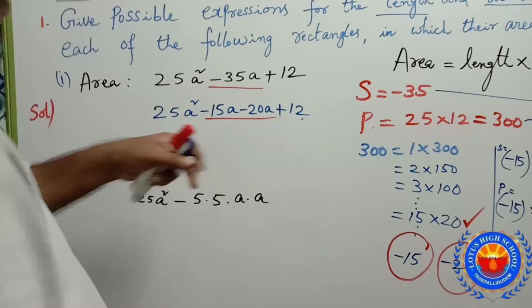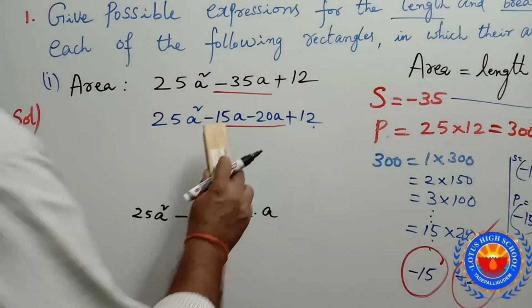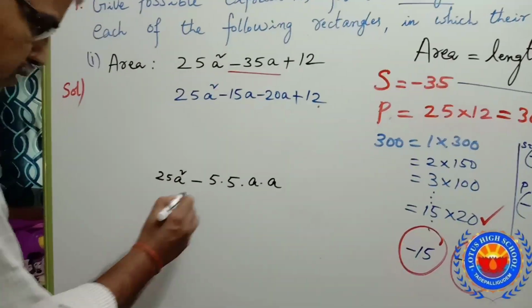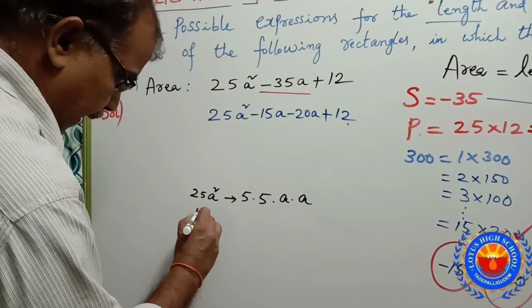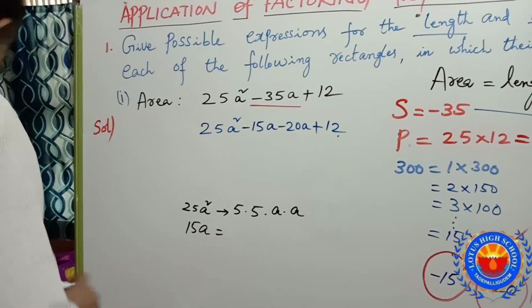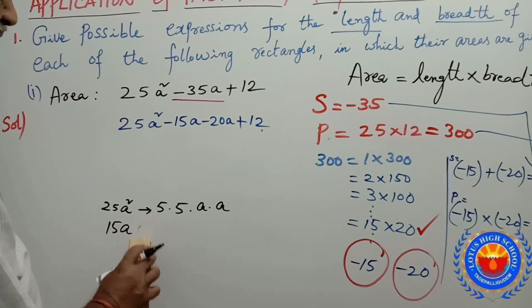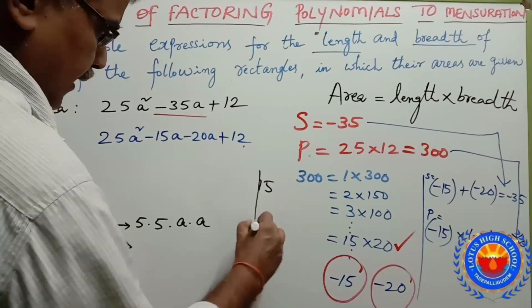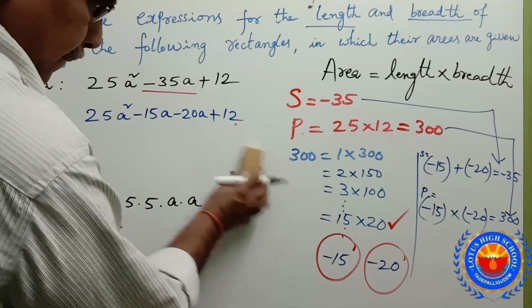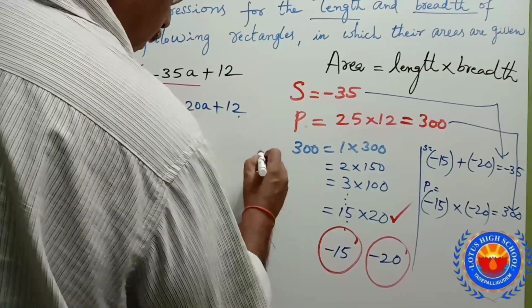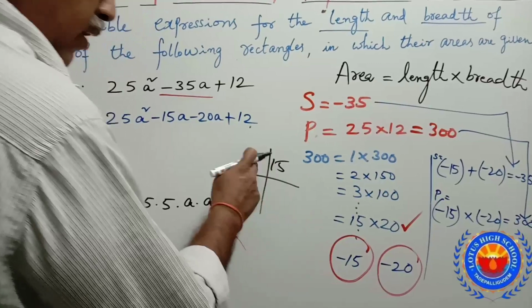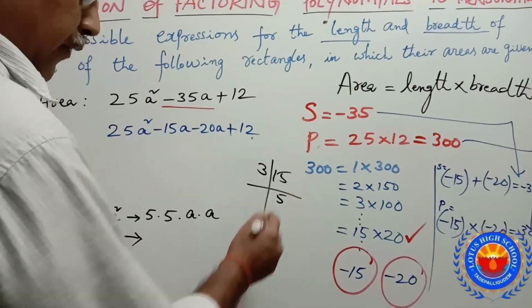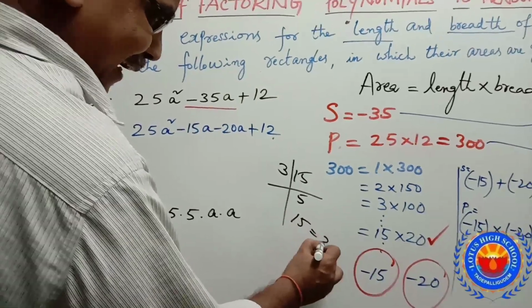Now I'll take 15a. First of all, I have to factorize these two. 15a, minus, we forget about minus. 15a, if you go for prime factorization, 15: 2 table will not be divisible. 3, yes, 3 will be divisible. 3 fives are 15. 15 is nothing but 3 into 5.